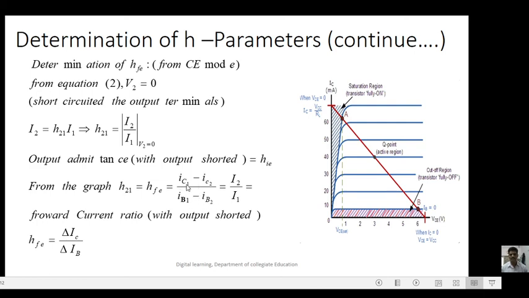So this is the difference in collector currents at any 2 points in the graph, and the ratio of the difference in collector currents to the difference in base currents, that means IB1 minus IB2, that is equal to I2 divided by I1. The forward current ratio with output shorted. Therefore, HFE is equal to delta IC divided by delta IB.